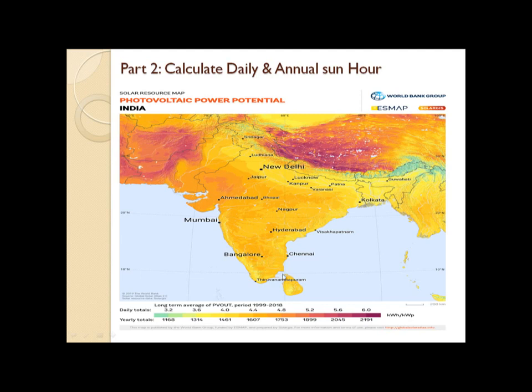So per day from morning 6 to evening 6, only 4.4 hours is the average sun hour for a solar panel. So the solar operates 4.4 hours, and within the 4.4 hours it is able to generate electricity. That is the concept of sun hour.